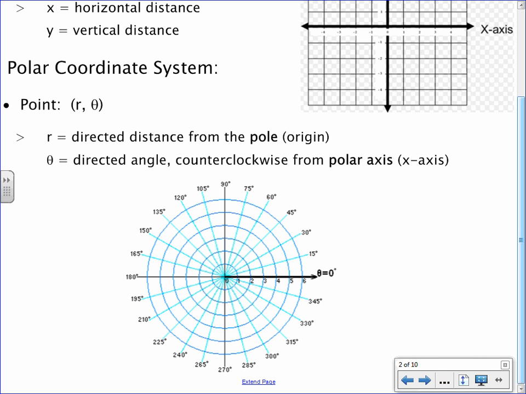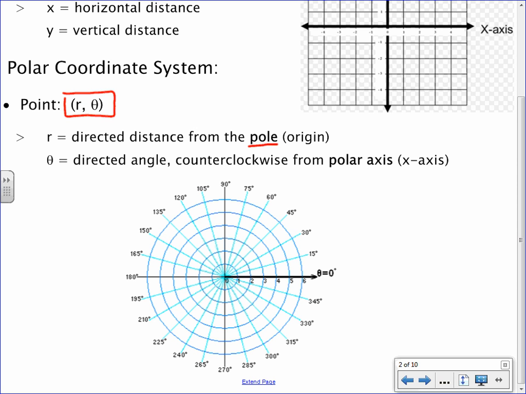So we have a polar coordinate system. This is our polar graph where we have concentric circles. Our coordinates are r comma theta. R is representing the distance from the pole.